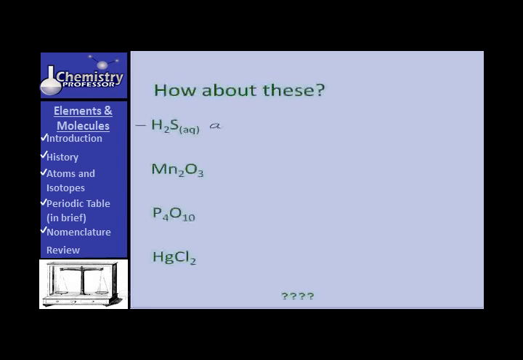Now, if it's a binary acid, its prefix is hydro. So it's hydro, and then the acid is sulfuric acid. Hydrosulfuric acid, not to be confused with sulfuric acid.